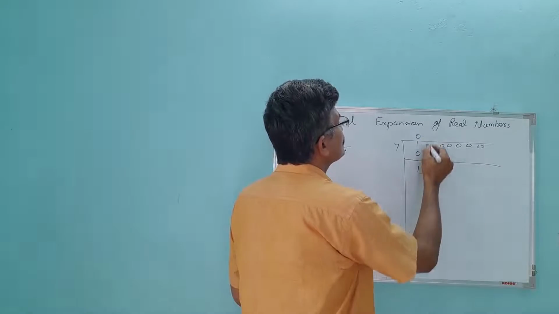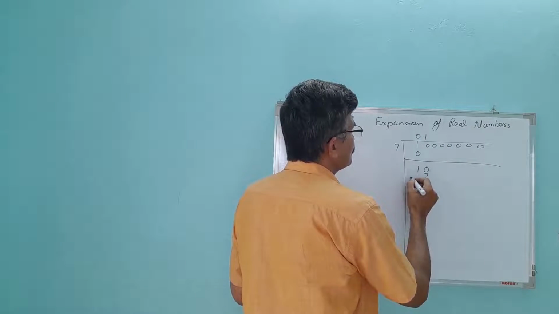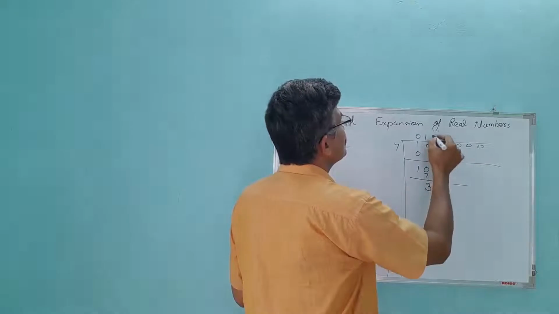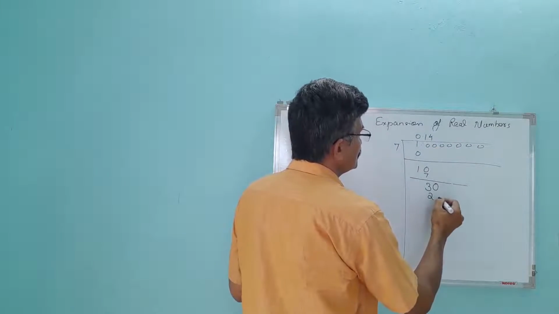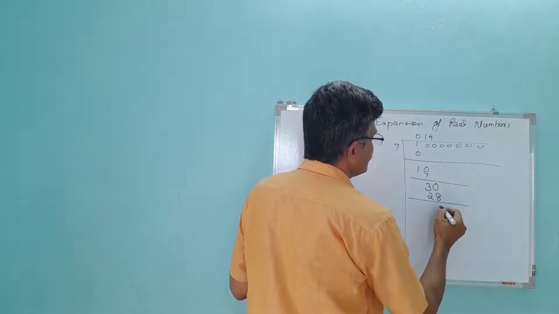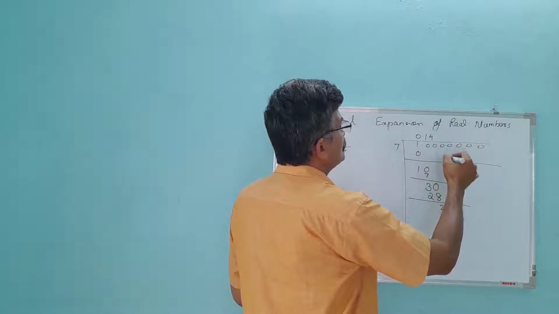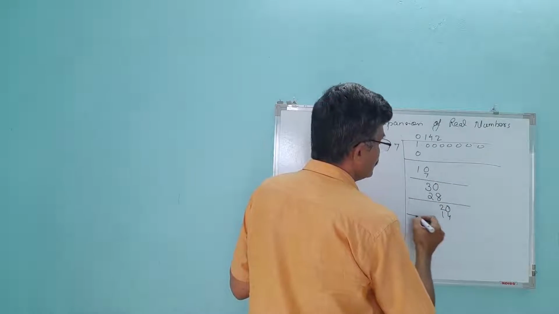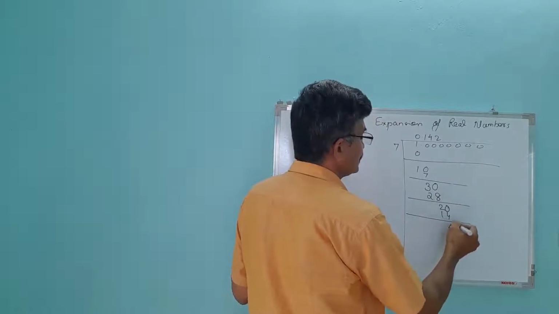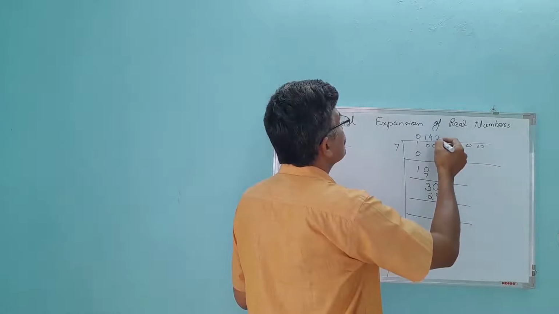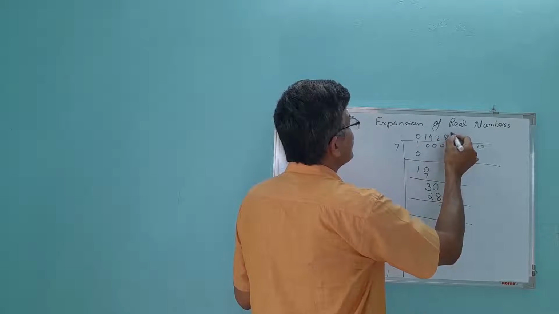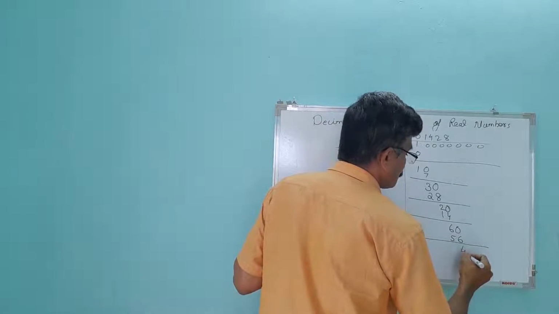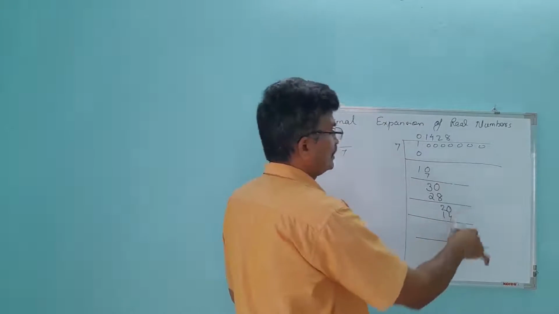Put a decimal here. 1, 7, 3, again 0, 4, 28, remainder 2, 0, 2, 14, remainder 6, 0, 8, 56, remainder 4, 0. I bring this 0 here.